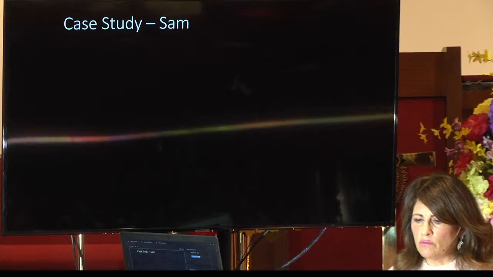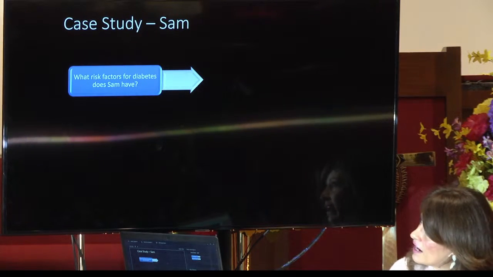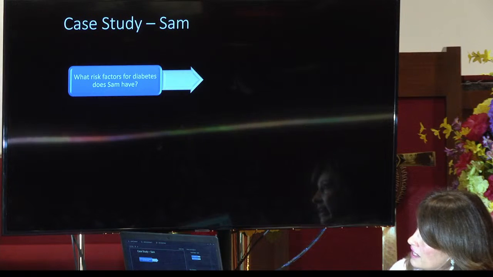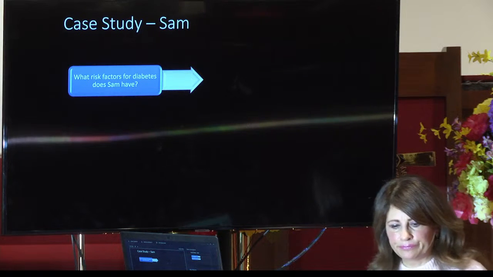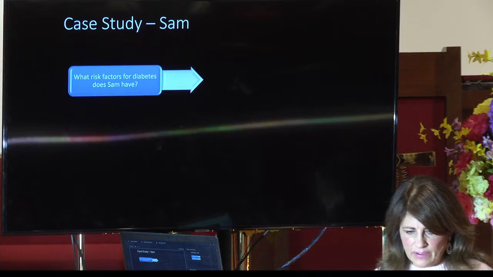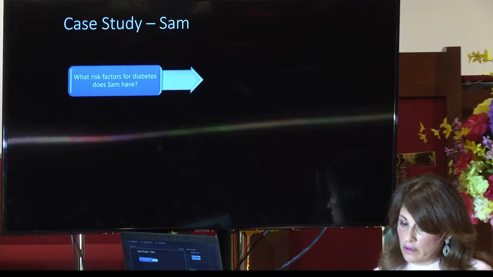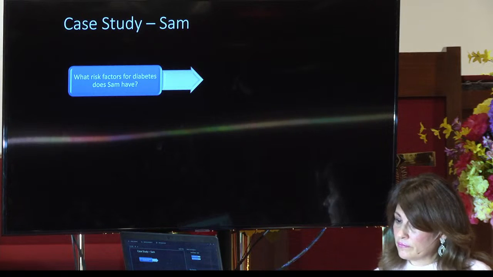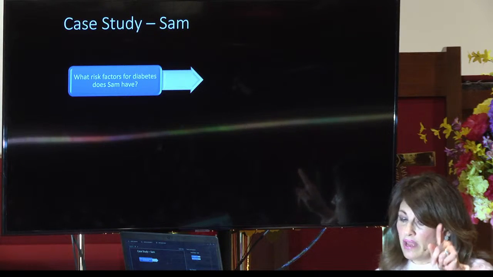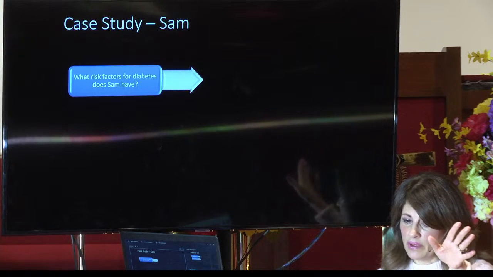So we look at Sam. What he's got some risk factors. What risk factors for diabetes does he have? Does anybody have any idea? Risk factor? So age is a risk factor. It's okay.